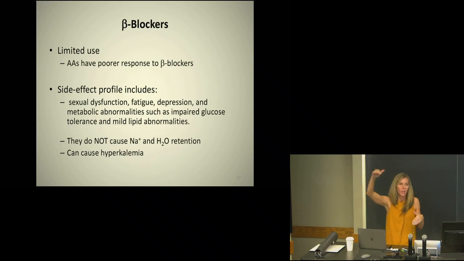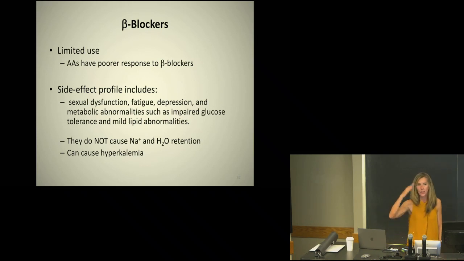So patients might complain that they can't really exercise as much as they wanted to. Not like they're going to be out there running marathons or anything, but something you want to keep in mind, that it would limit their ability to increase their heart rate during exercise. They might cause fatigue or depression. And then the metabolic abnormalities that I've already discussed.